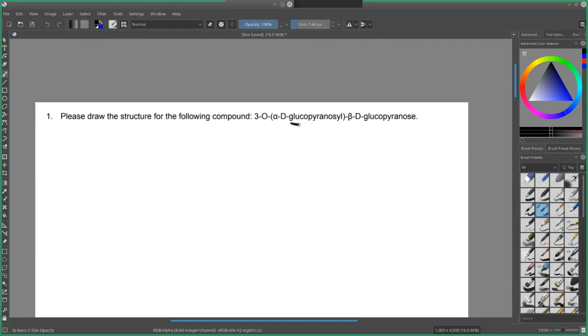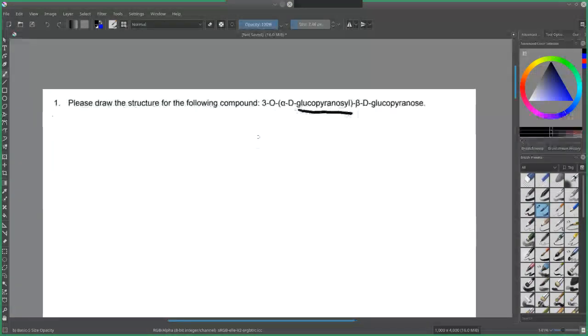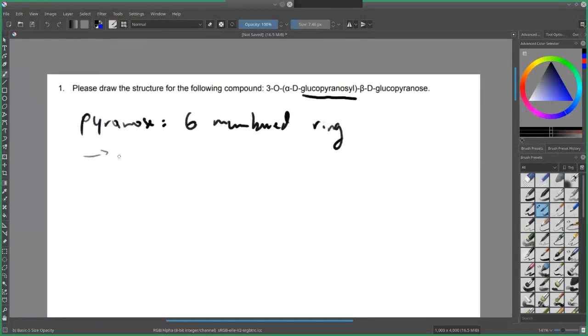So here we have glucopyranosyl. Pyranose is just a six-membered ring. So this is just what we were drawing before.